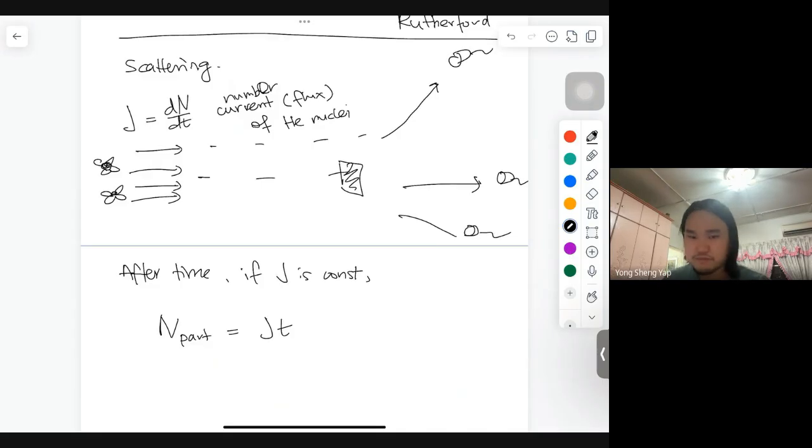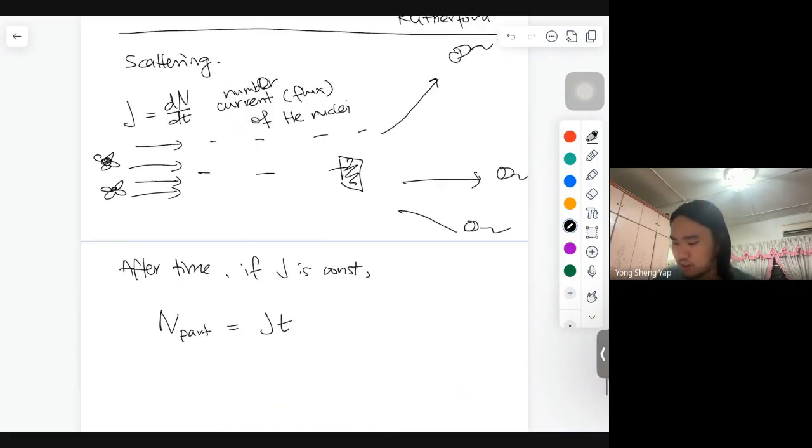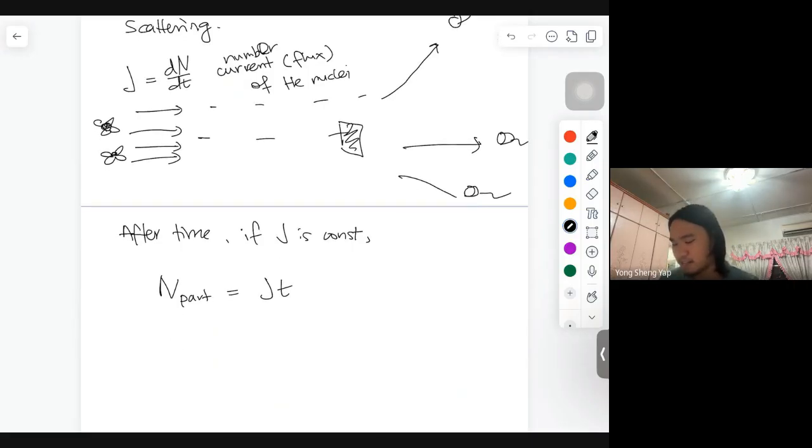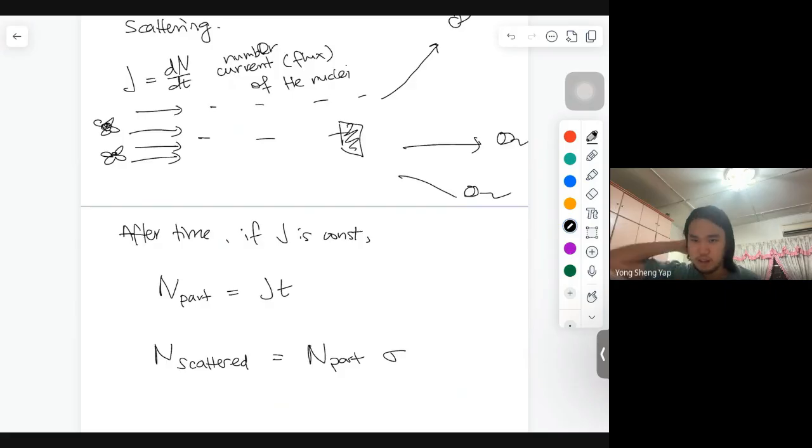After some time t, the number of particles that pass through is J t, and then the number of scattered particles is the number of particles hit times some cross section that has been scattered, divided by some area.